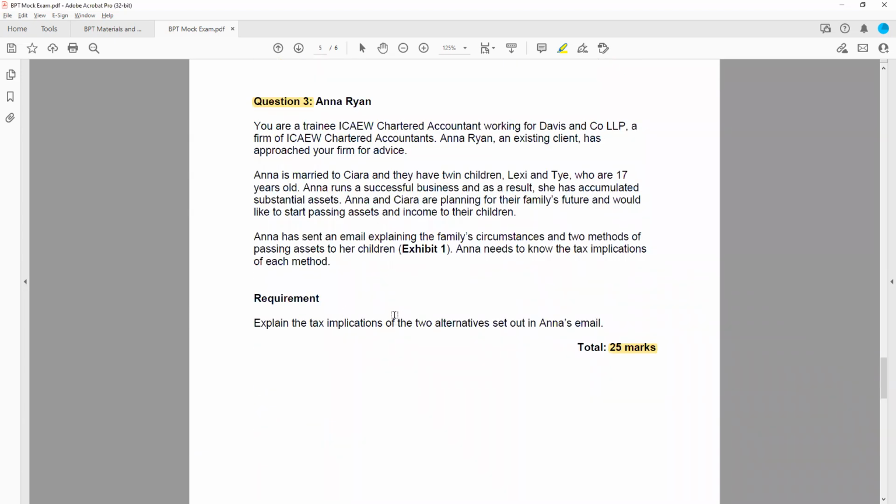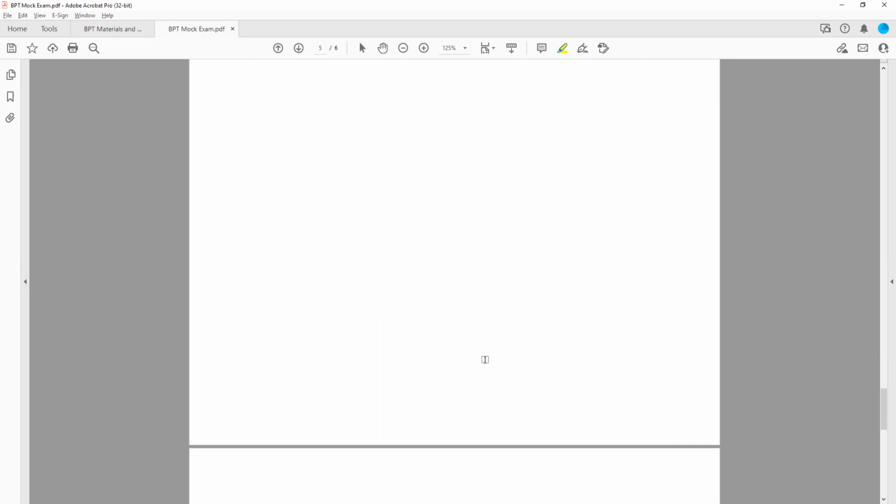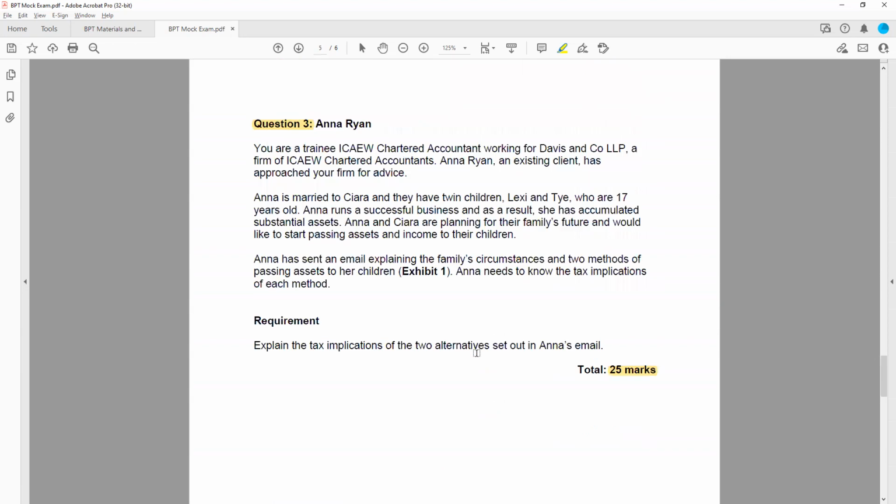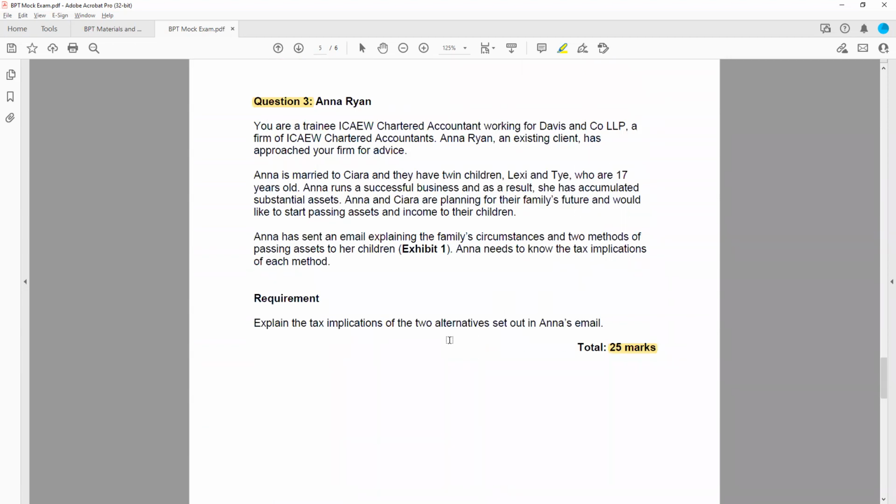So as always, I look at the requirement, I look at the exhibits, I think about how I'm going to allocate my time, and then I'll start reading through the scenario. We can now read it a little bit more actively because we know roughly what we need to do. So we're a trainee ICAEW accountant working for a firm of ICAEW accountants.